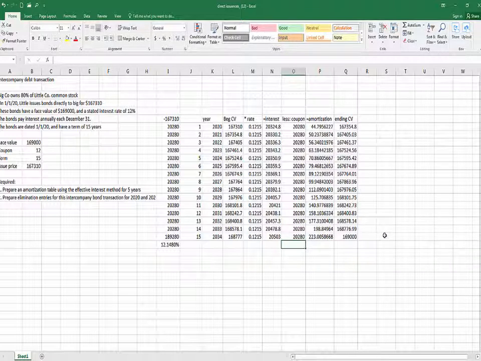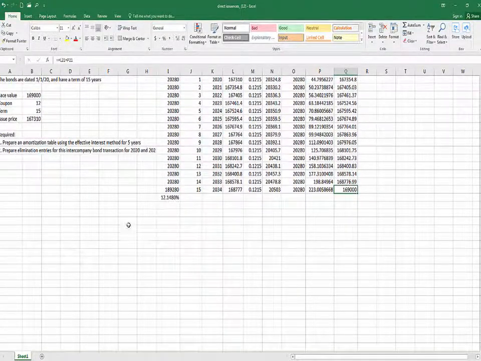There we go. The problem was I'd used the coupon interest, the value in this cell here, and for this 15th year, obviously I had the interest and the principal. So changing that to $20,280, my amortization table is working out just fine. There's my ending carrying value at the end of the 15-year term. The carrying value is the face value of the bonds.